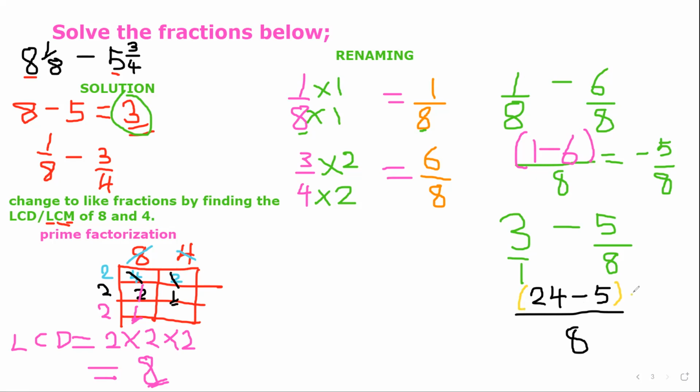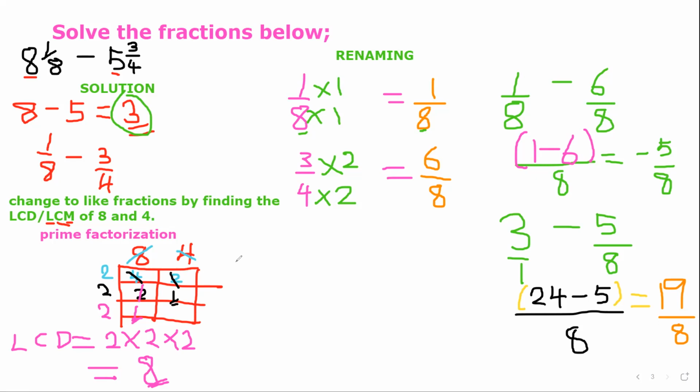Therefore, you subtract, you get what? 19, right? You get 19/8. With the 19/8, you have to change it to a mixed fraction.